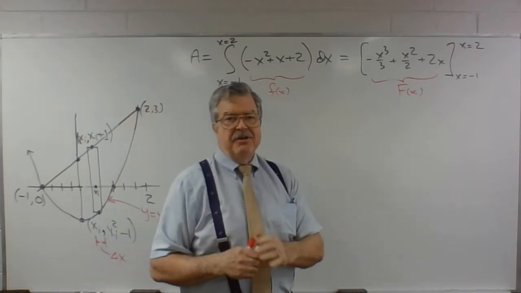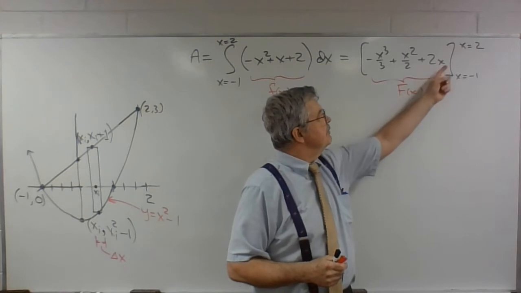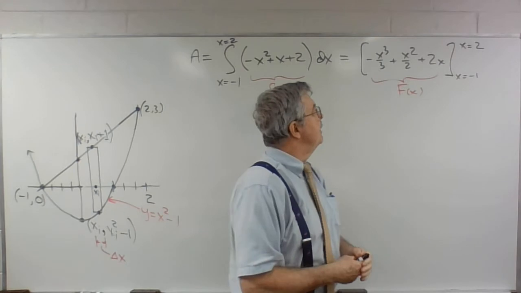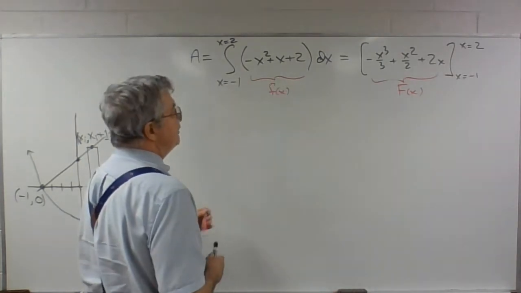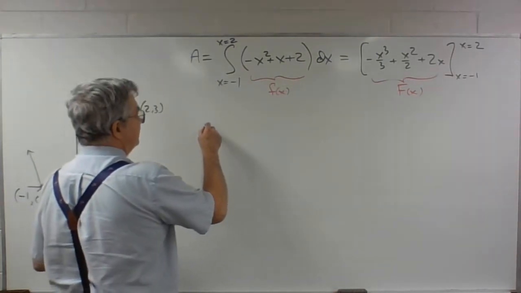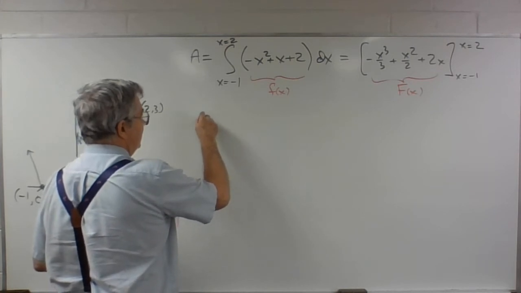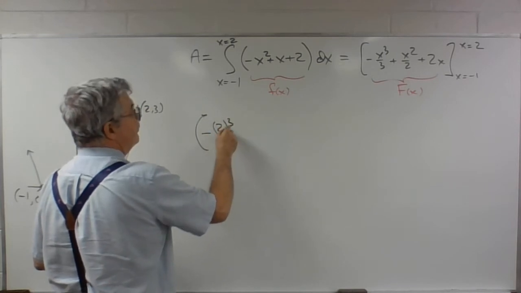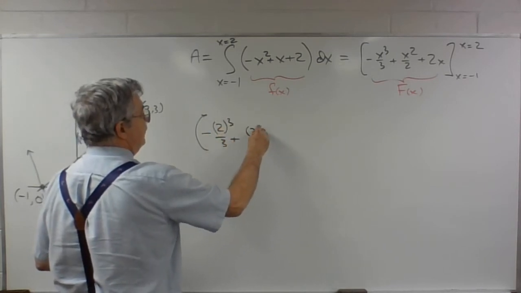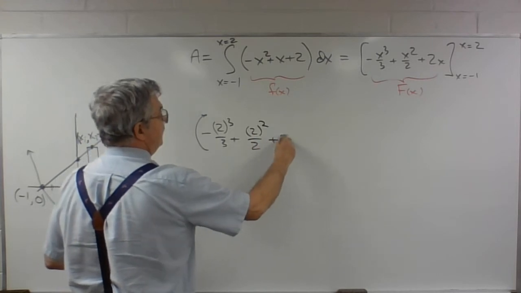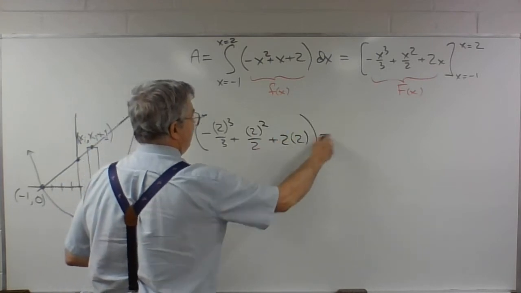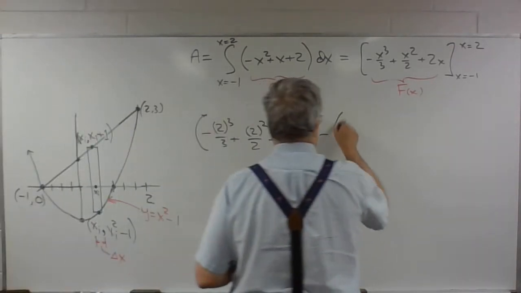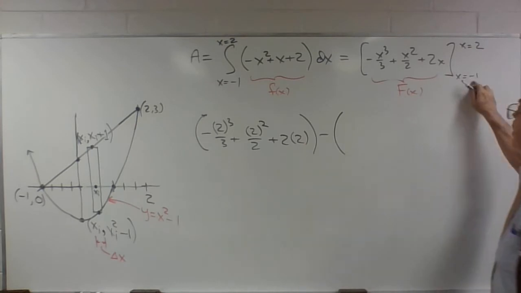So we pick the easy way and just pick the antiderivative that doesn't have a constant term. It doesn't have a plus c. Now we just evaluate the antiderivative at the upper limit. And we evaluate the antiderivative at the lower limit.